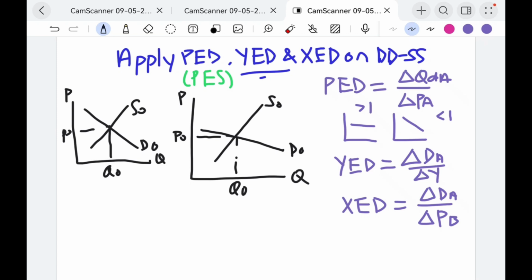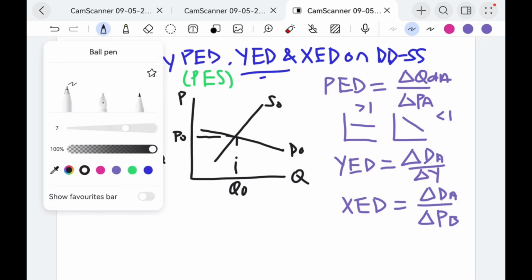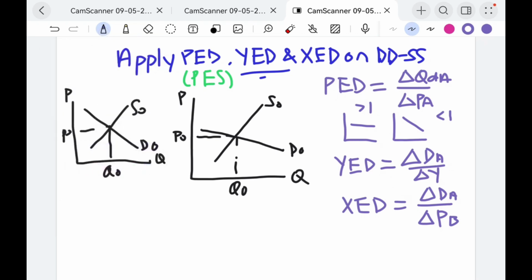So how the YED works is that you will show it on the graph through a shift. So a shift, we assume that income increases. If the good that you are looking at is a normal good, be it a necessity or a luxury good, then we can shift the graph accordingly. Assuming that we are looking at a luxury good, so it could be an electric vehicle, we show that because of the income increase and EV being a luxury good, the demand for it will increase based on YED, because the YED will be positive.